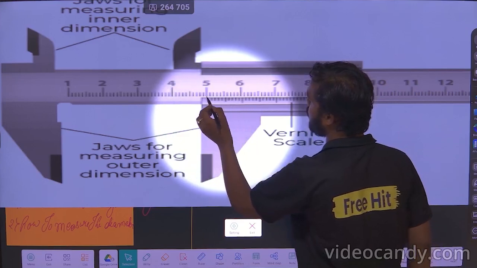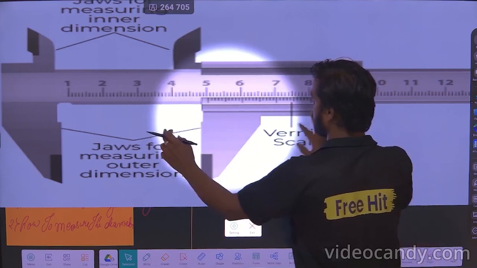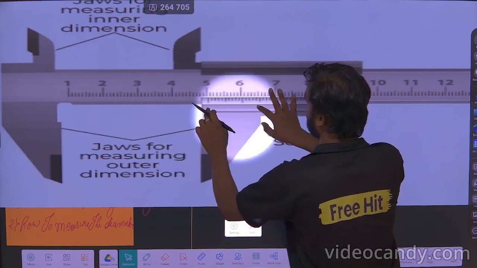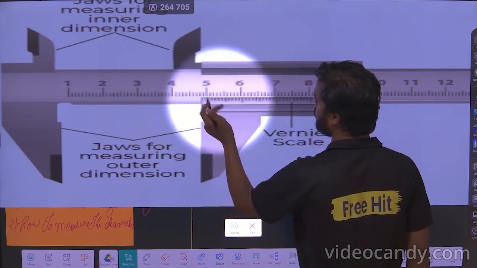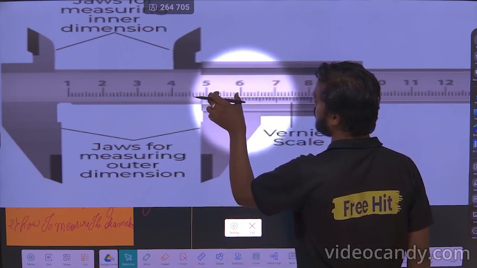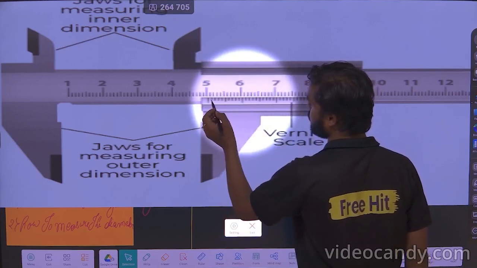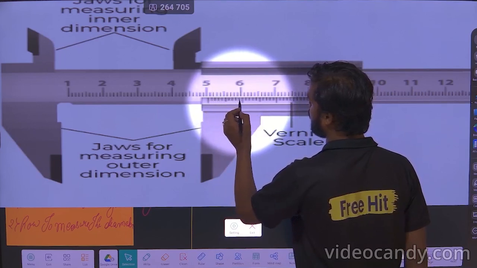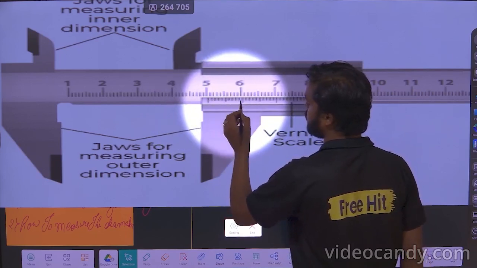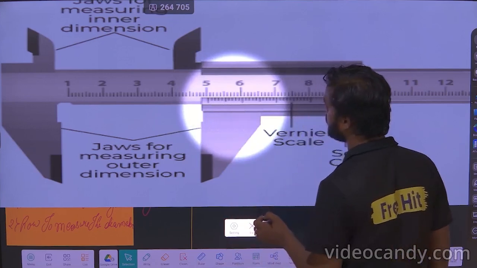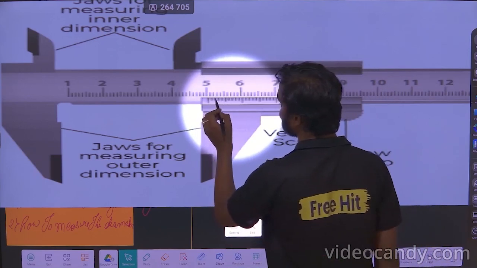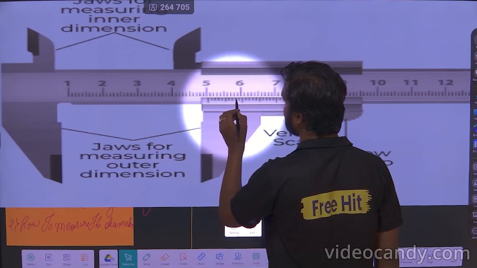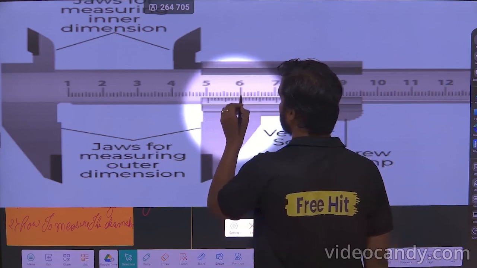There are 10 lines between these two points, in one unit. But in the vernier scale, 0, 1, 2, 3, 4, 5, 6, 7, 8, 9, we have 9 lines.